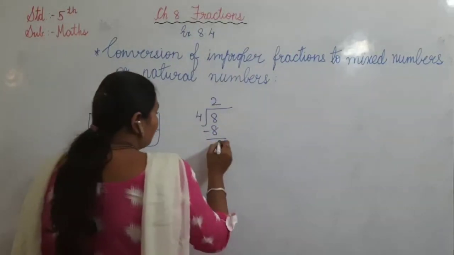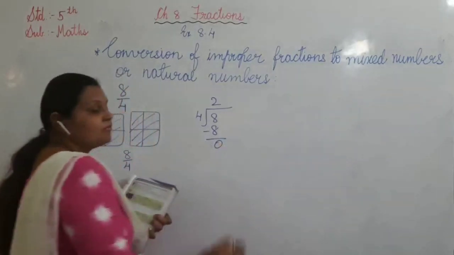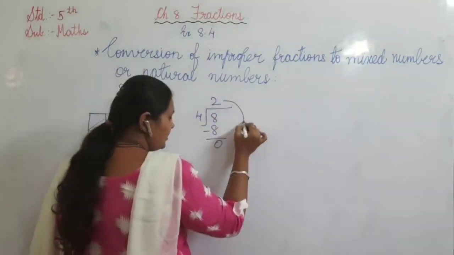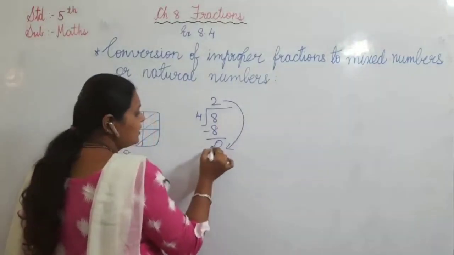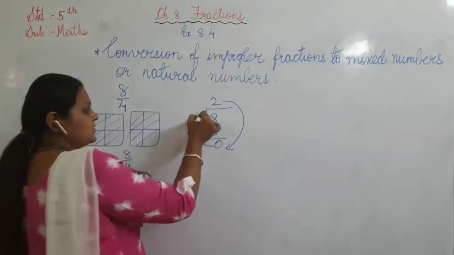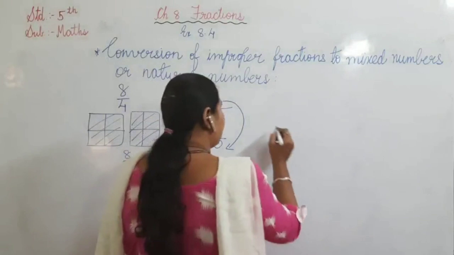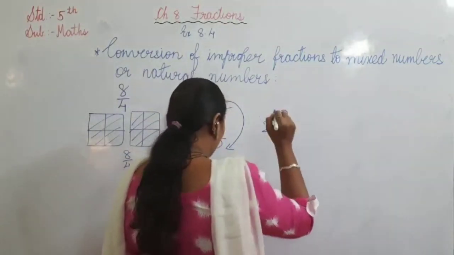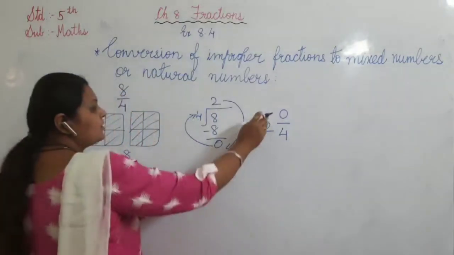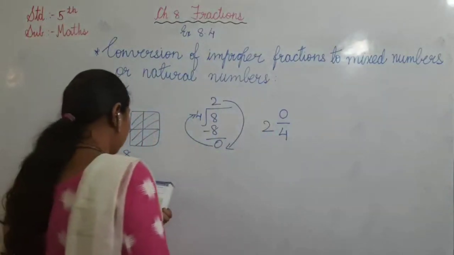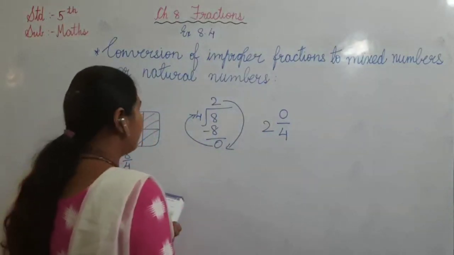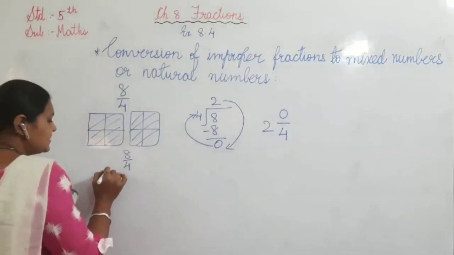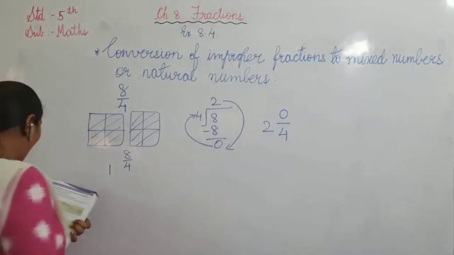Whenever we want to write this as a mixed fraction, we have to start writing with the quotient, then the remainder, and then the divisor. So we can write 2, 0 upon 4. Now here 2 plus 0 is a natural number. So this we can write as a whole, that is 1.